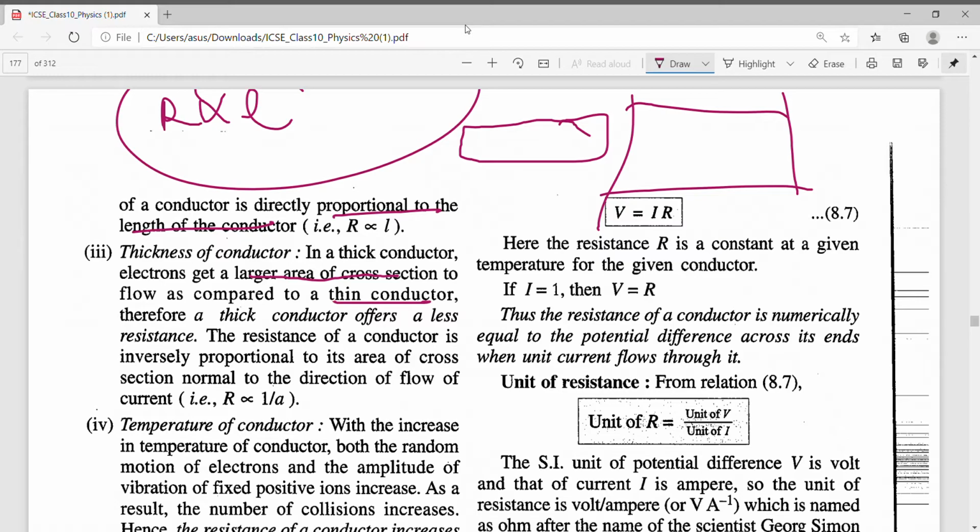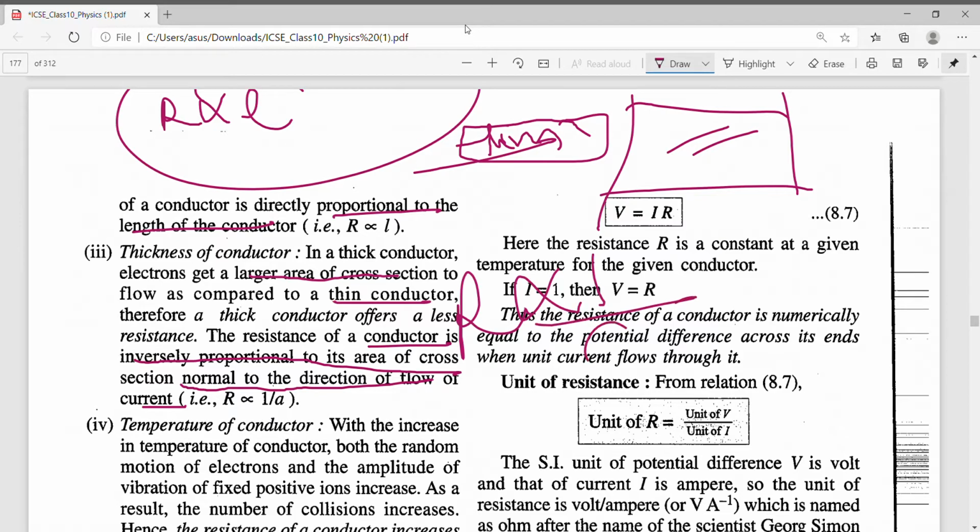Obviously this conductor is thick and this conductor is thin, right? So a thicker conductor is going to offer less resistance as compared to a thin conductor. So the resistance of a conductor is inversely proportional to its area of cross section normal to the direction of the flow of current. So R is proportional to 1 by A.